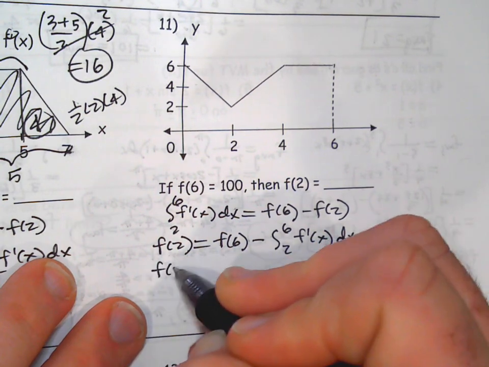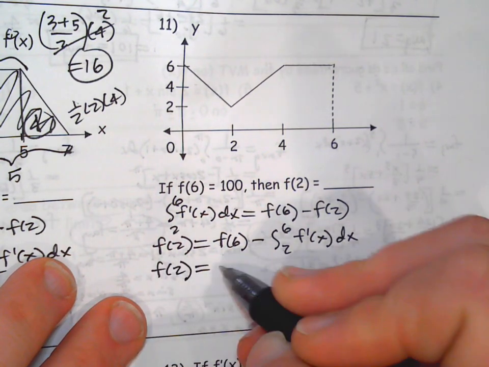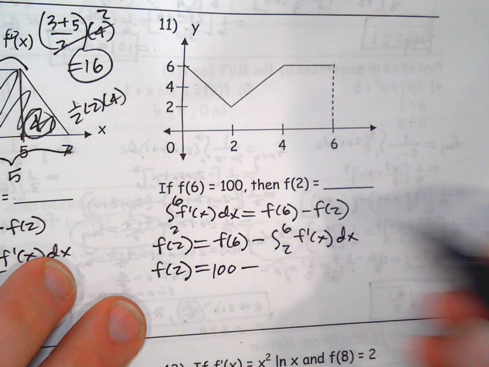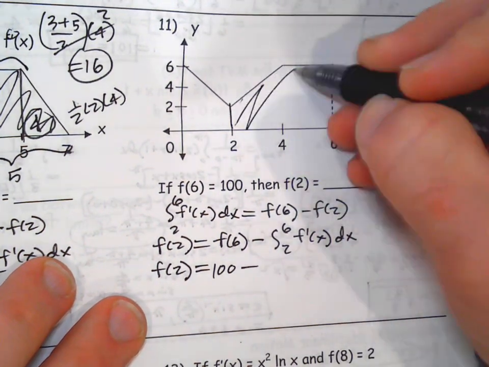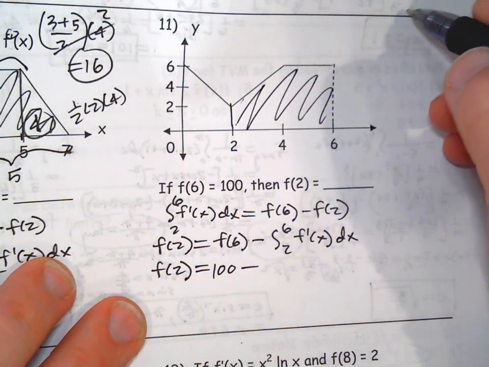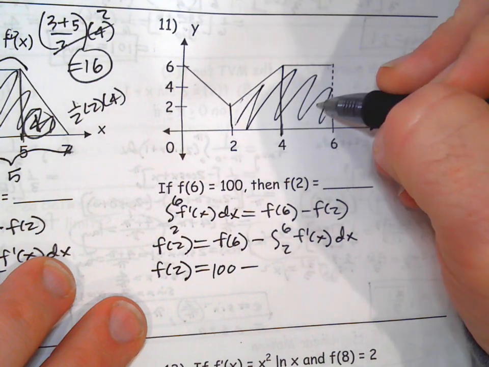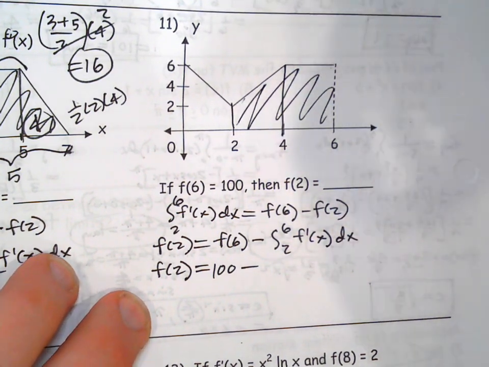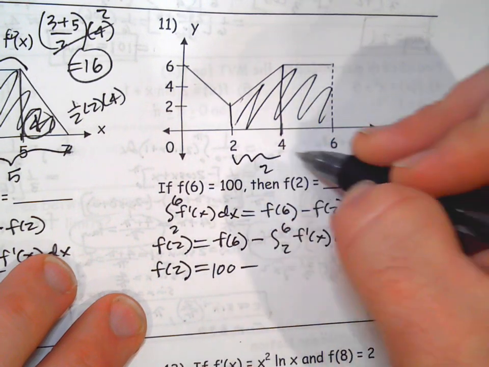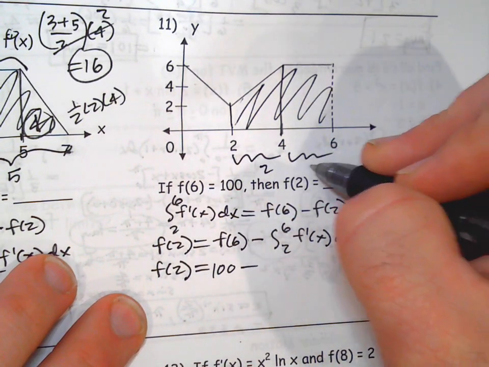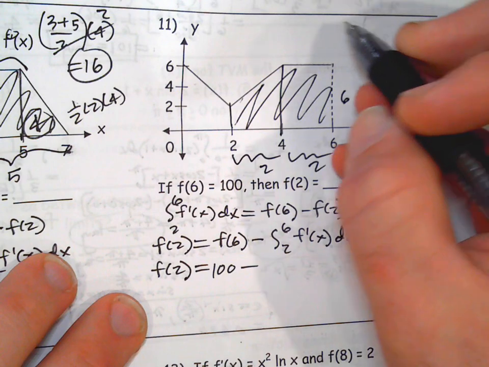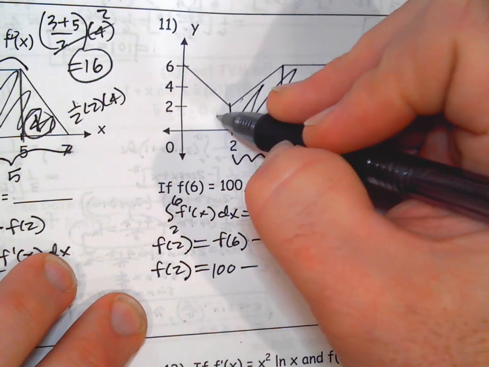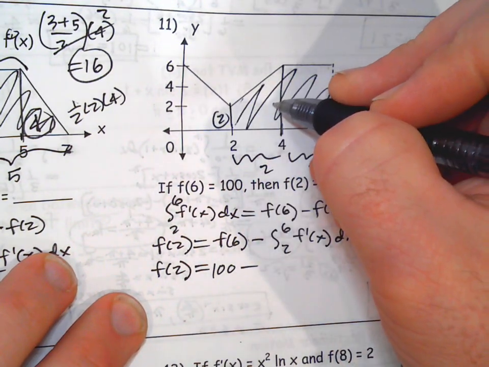So f of 2 equals f of 6, which they give us as 100, minus the area from 2 to 6. However you want to break it up, we could break it into a trapezoid and a rectangle, or a triangle and two rectangles. I'm going to go with a trapezoid.